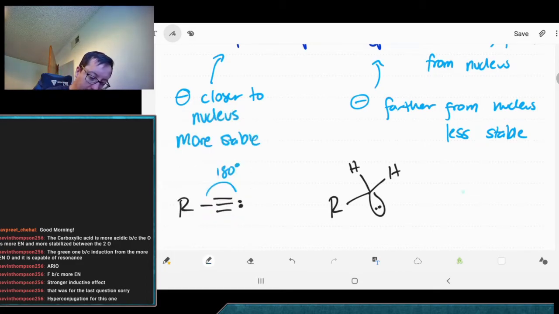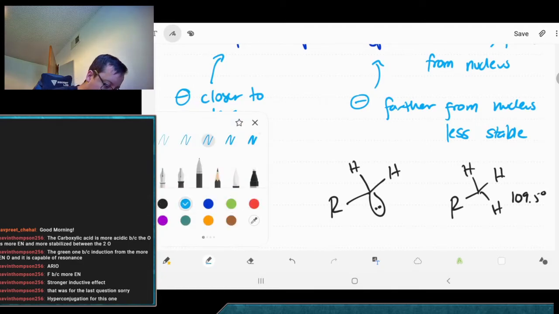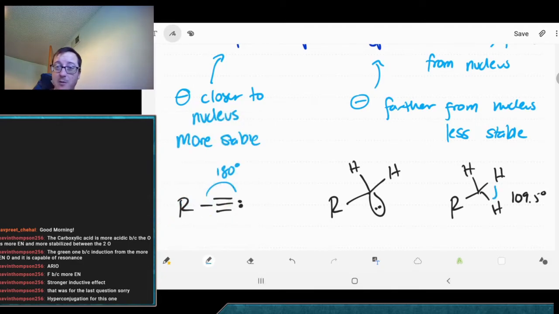This angle here is 109.5, right? And we remember that, with nitrogen, for example, when we put a lone pair on, we ended up pushing our angles just a little bit. 107.9 or so.